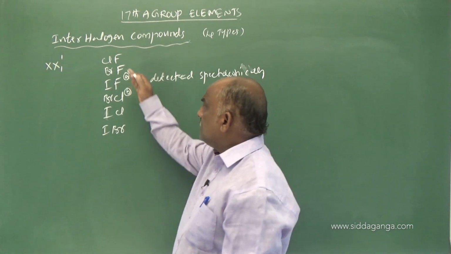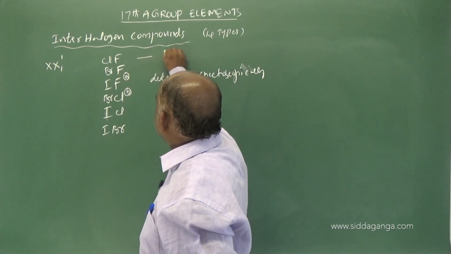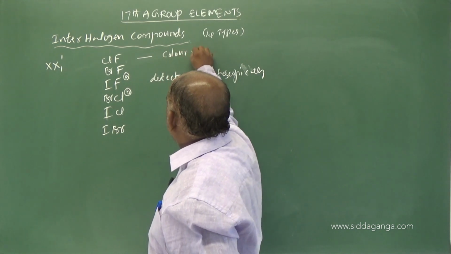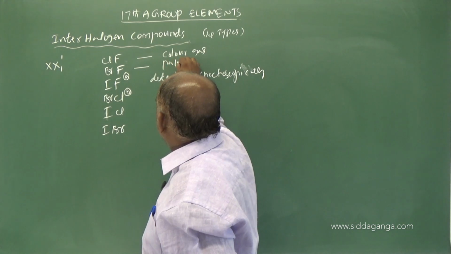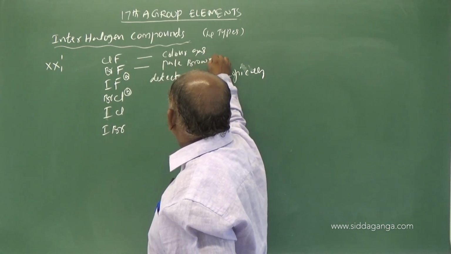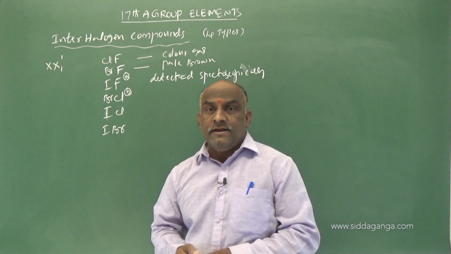So, here these are the monohalides. ClF is a colorless gas, while BrF is a pale brown gas. BrF is a pale brown color gas, while IF is detected spectroscopically only.